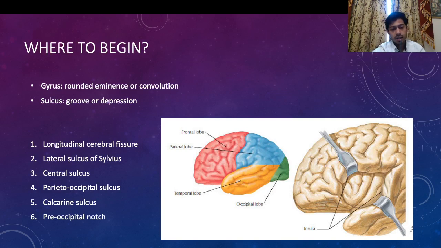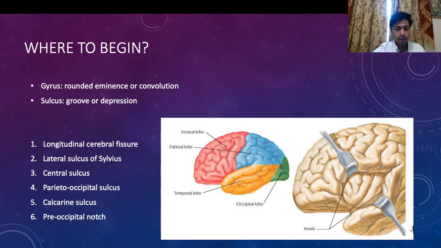A gyrus is a rounded eminence or a convolution, and we'll get on to what I mean in the images that follow. The other term we can use in starting off is sulcus. A sulcus is a groove or a depression on the outside of the cortex.